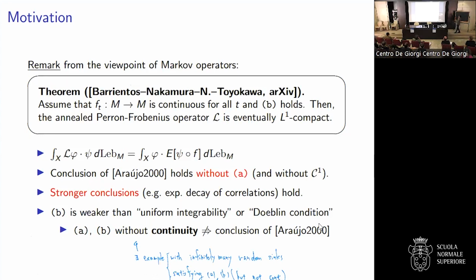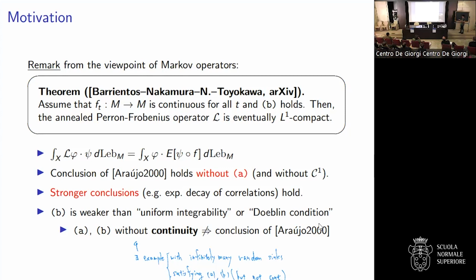Yes, and sorry again, a side story, but I'm really interested in the result. So I wanted to generalize Araujo's result like this. We assume that F_t is continuous, so I removed the C1 for T, and we assume B also.